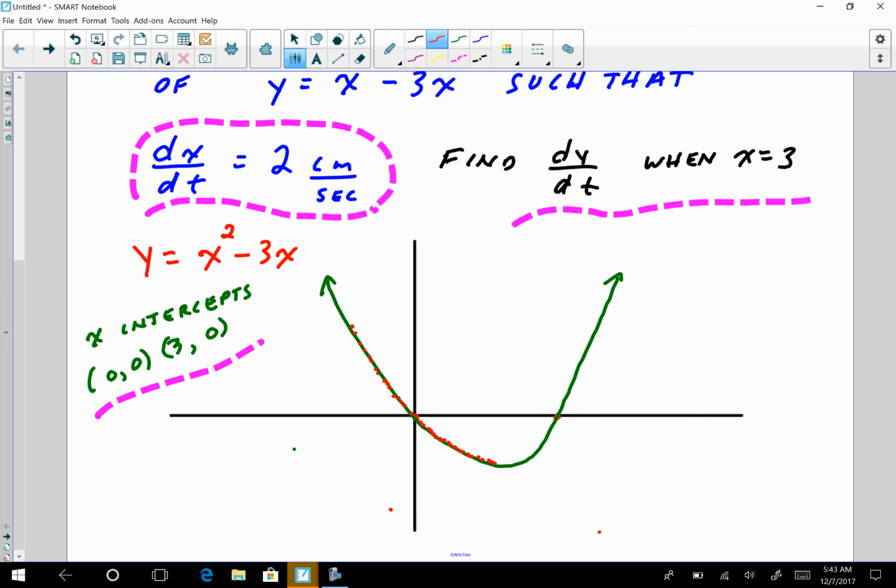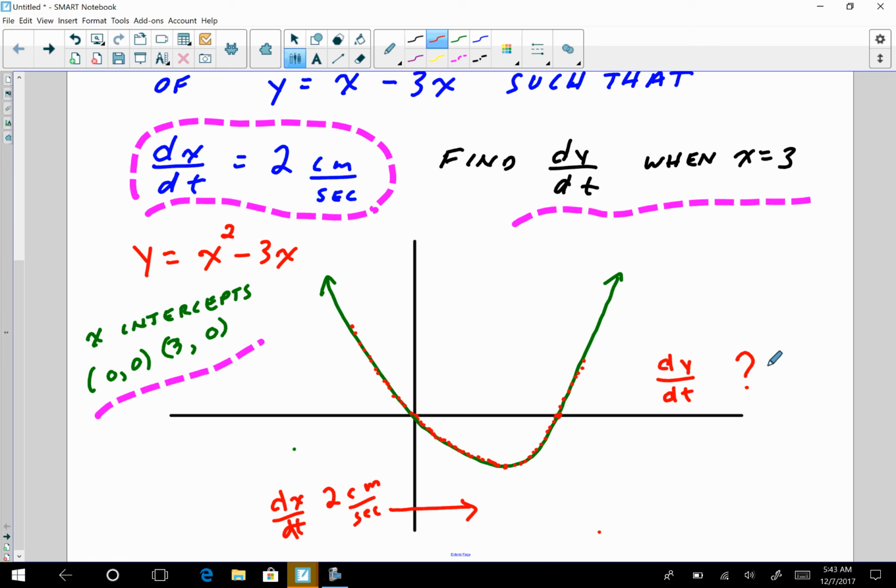His rightward movement is changing at a rate of 2 centimeters per second. What I want to determine, at x equals 3, is the rate that the y is changing.